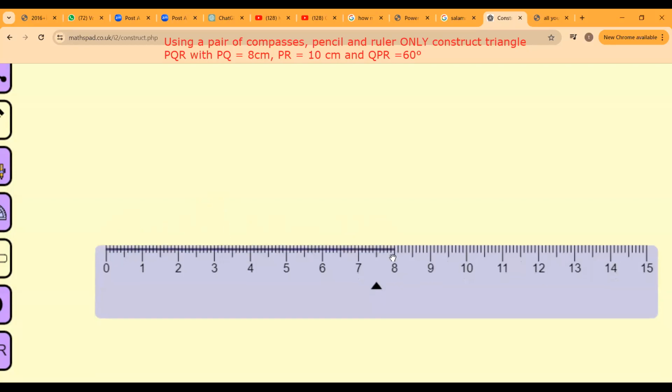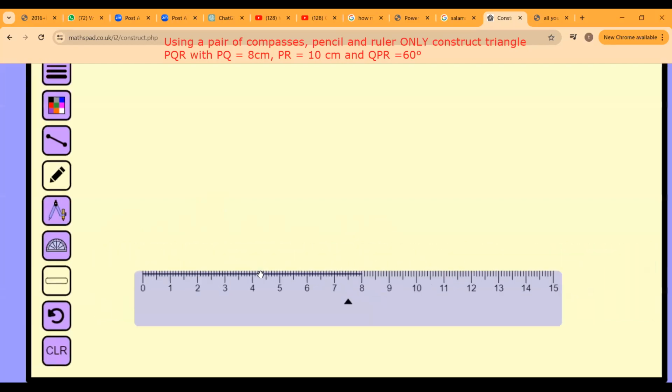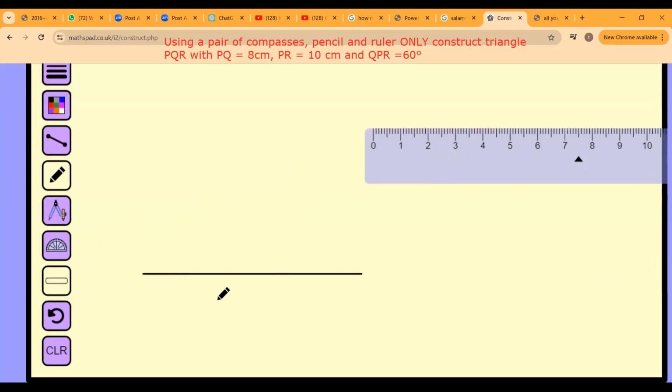Now we're going to label it 8 centimeters, and put P on this side because it's PQ.